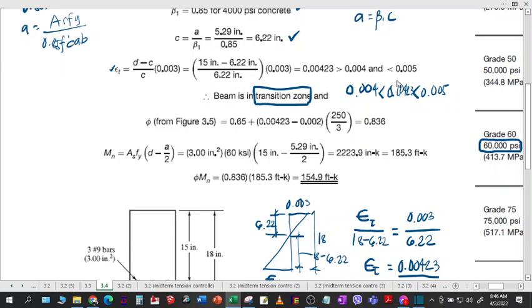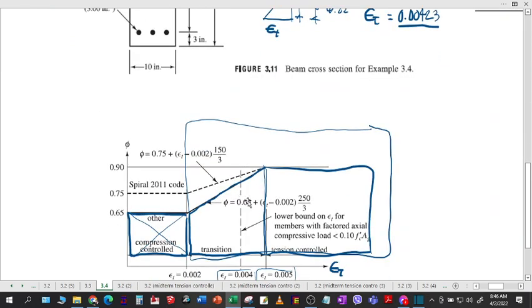Okay? So, because it is in the transition zone, we have to calculate for the phi. Because if it is in the tension zone, tension controlled, automatically the value is 0.9. If it is in compression zone, automatically the value is 0.65.